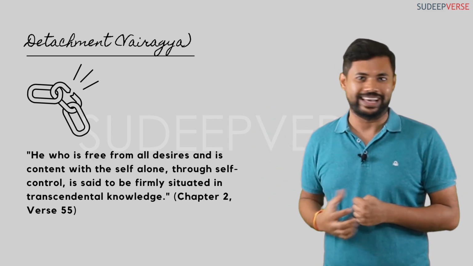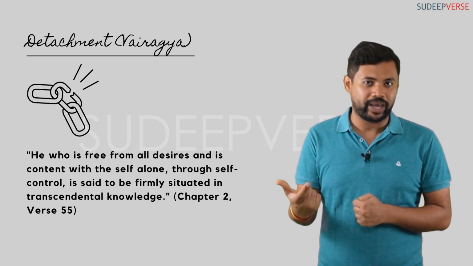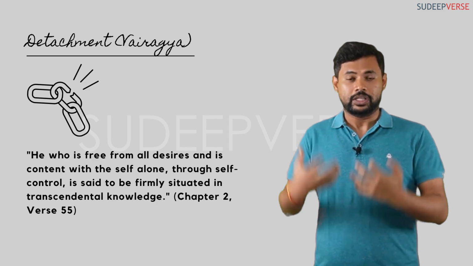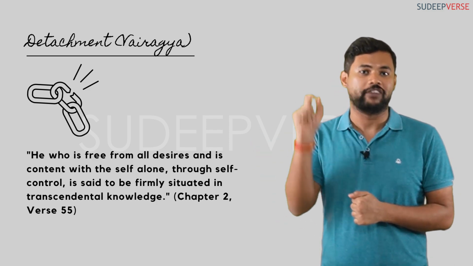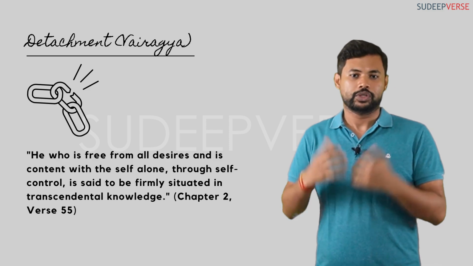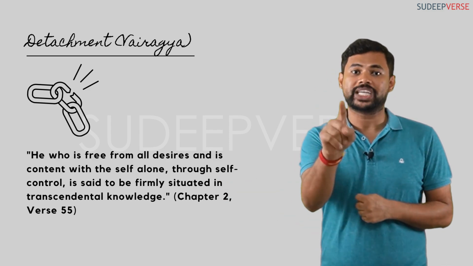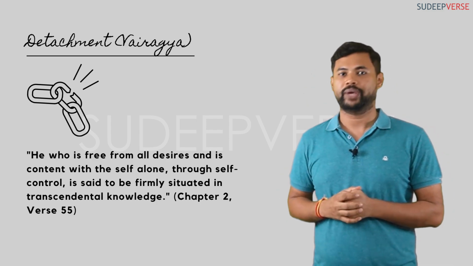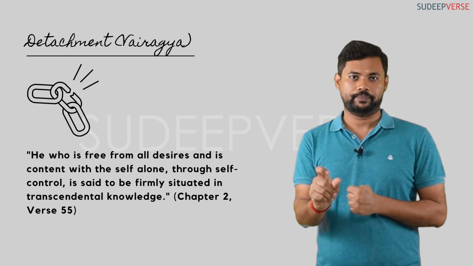How we can put it in the ethics paper or GS4 context is, it involves decision-making powers where civil servants have personal biases. These personal biases can be let go if we practice this attribute of vairagya or detachment. So when the personal biases are removed in your decision-making abilities, objectivity comes in, merit-based decision-making comes in, fact-based decision-making comes in, and your decision-making will be effective.